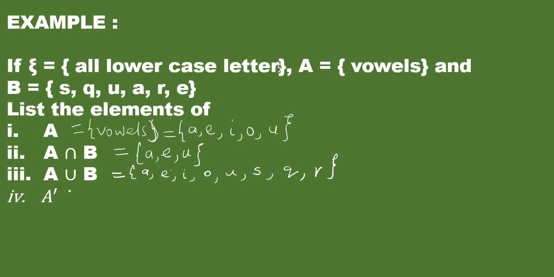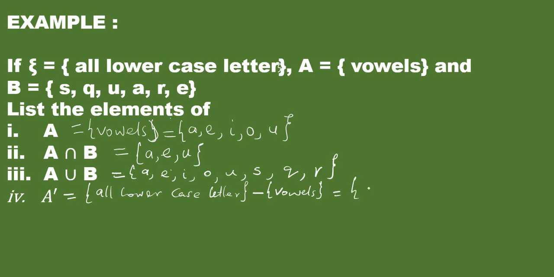Next, I have A complement. A complement is simply get all the universal set, that is all the lowercase letters, and then take away from this the vowels, which is A. If I do that, I will have the consonants remaining.